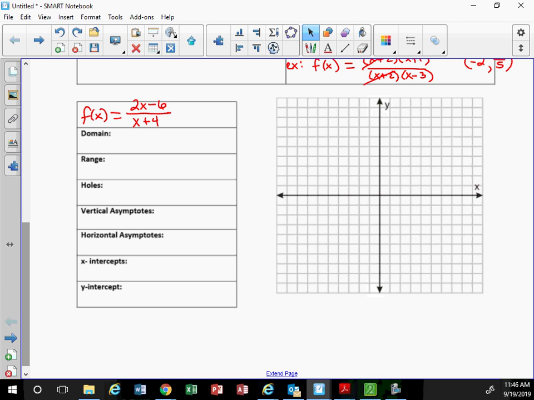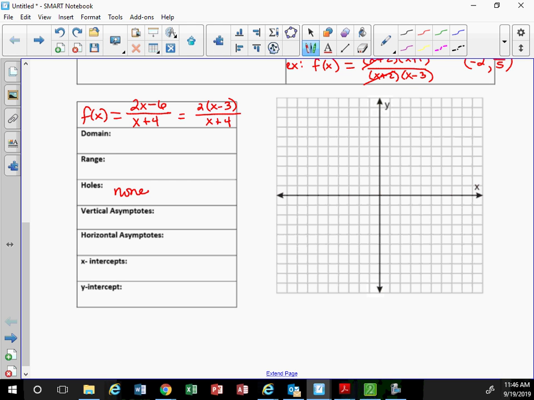All right, I could factor this, but will anything cancel with factoring? Does anything go away, really? No? Okay. That's all right. So are there any holes in this graph? No. So none of those.